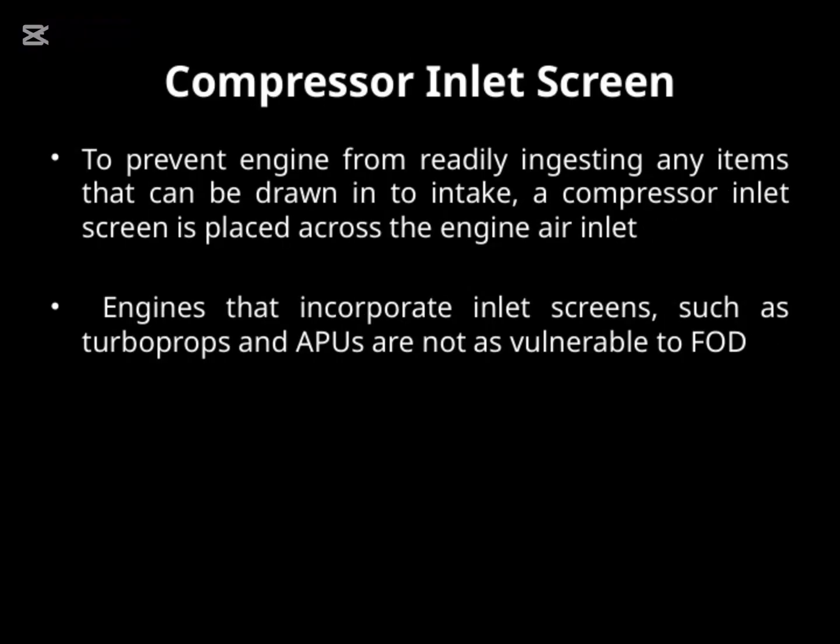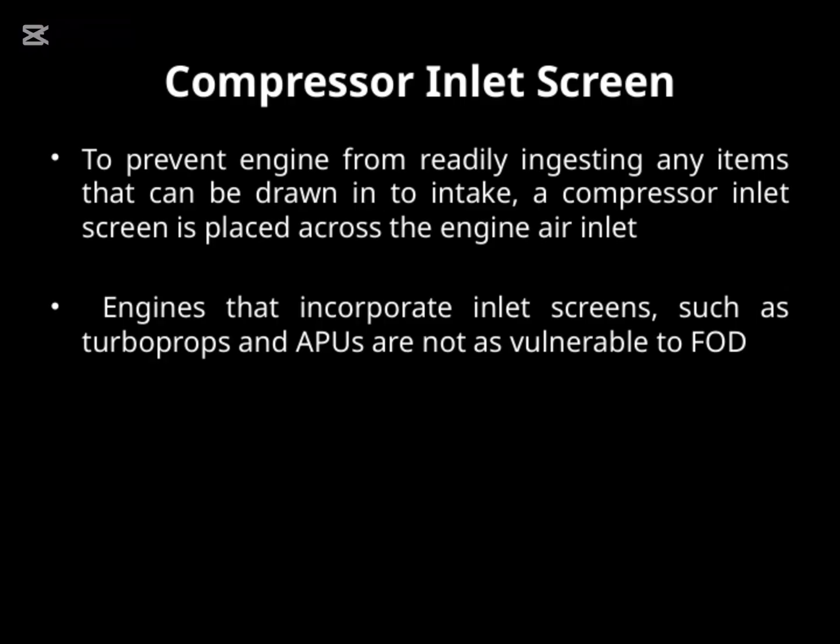velocities. Now, let's take a closer look at the compressor inlet screen. Its main purpose is to prevent the engine from ingesting any foreign items that could cause damage. You can think of it as a protective barrier placed right across the air inlet. This screen helps keep debris, dust, or other objects from being drawn into the engine, which is crucial for maintaining engine health and performance.